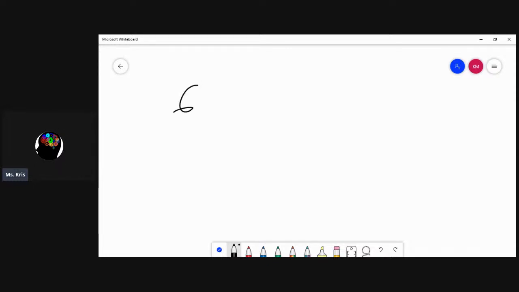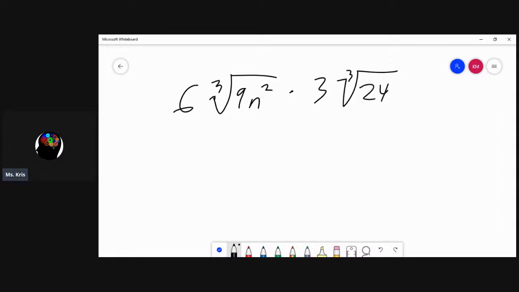So, say for instance, I have 6 cube root of 9n squared times 3 cube root of 24n.